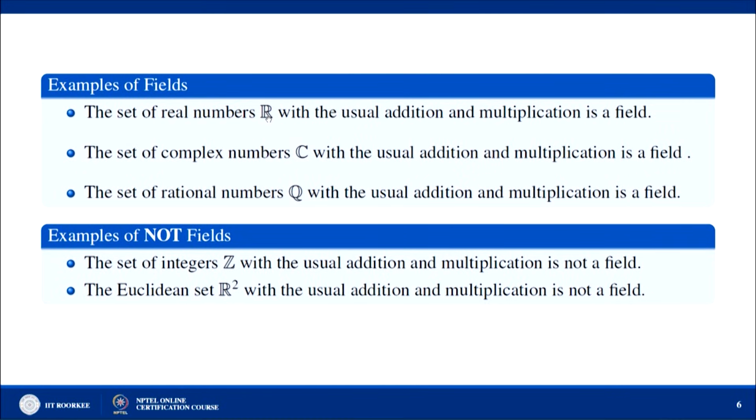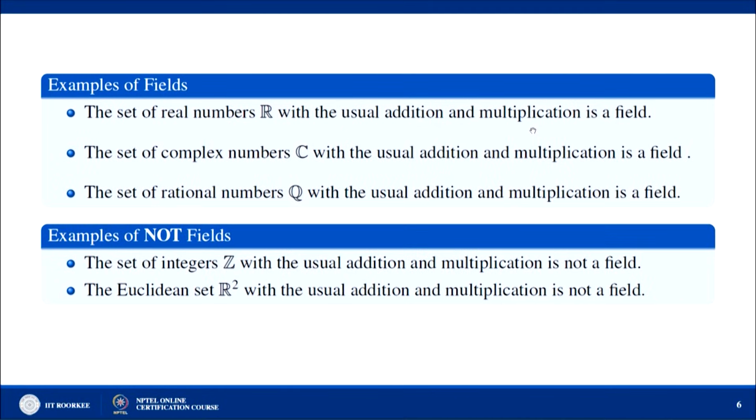And if you exclude 0 from the set of real numbers, it will also form an abelian group with respect to multiplication, and multiplication distributes over addition also from left and from right. So, we say that the set of real numbers with the usual addition and multiplication forms a field.